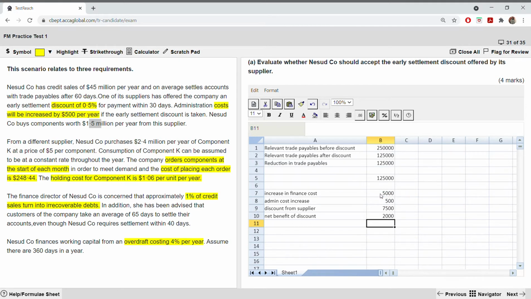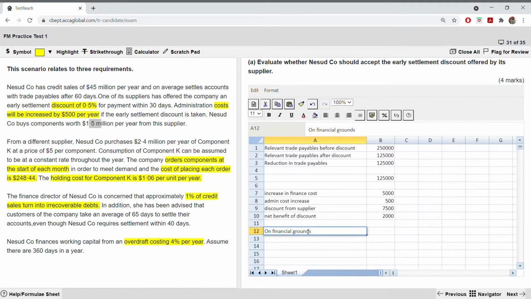It's a positive figure. What does it show? That there is a benefit of accepting, so you should accept. Just writing 2000 is not enough. You have to write on financial grounds. Whenever you are told whether you should accept a project or make this product or not, you should always write whether it's on financial grounds.